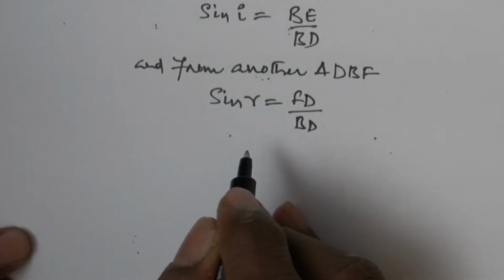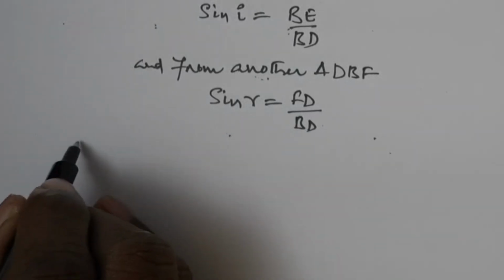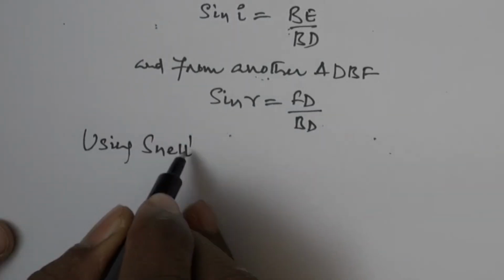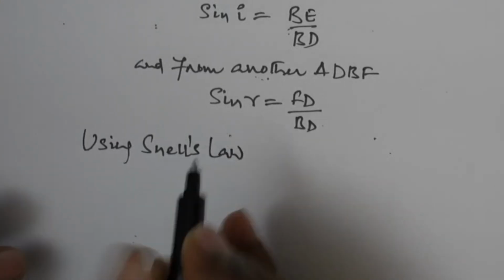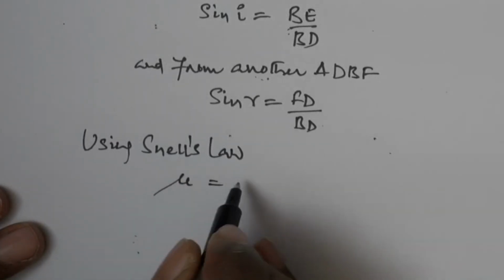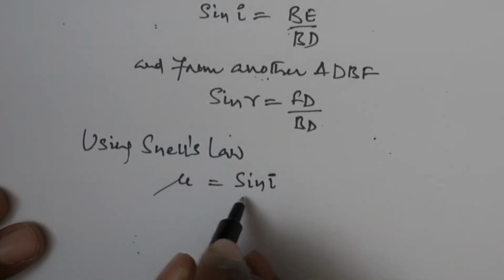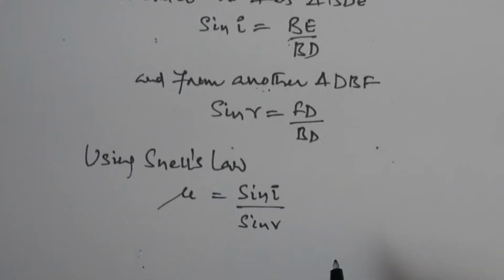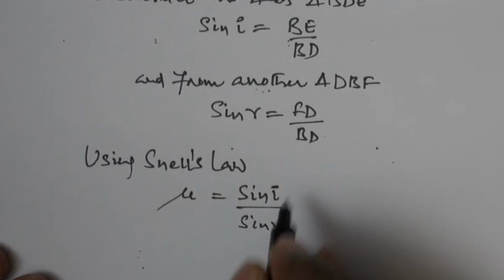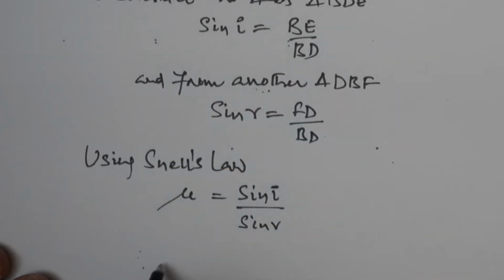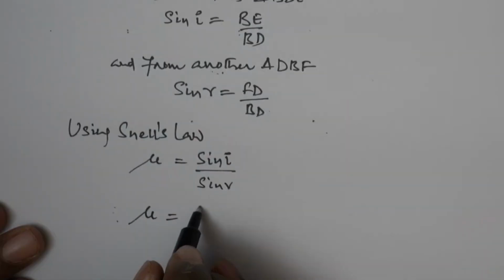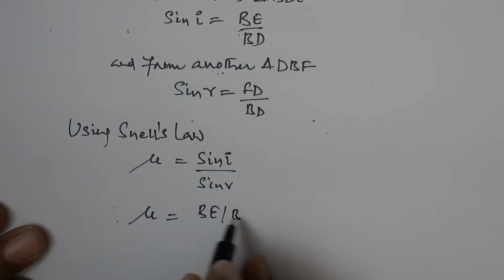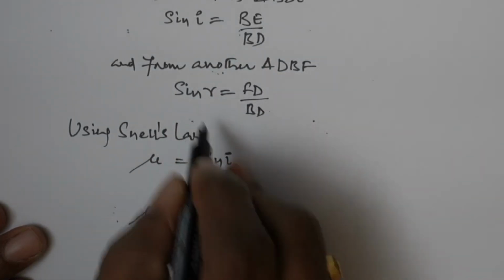Bringing both of them together, now I am going to use Snell's law. Mu is equal to sin I by sin R. Now I am substituting sin I and sin R in this equation. Mu is equal to, what is sin I here? BE by BD, whole by, what is sin R here?